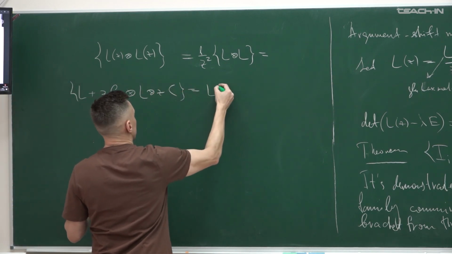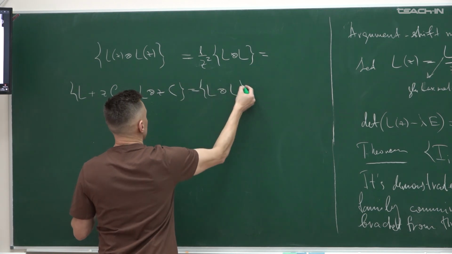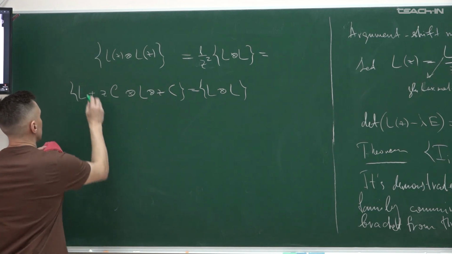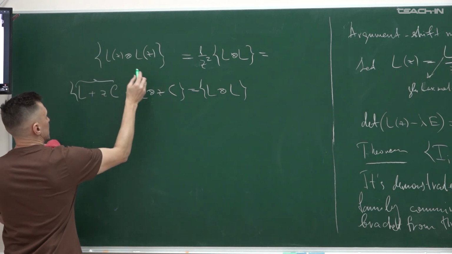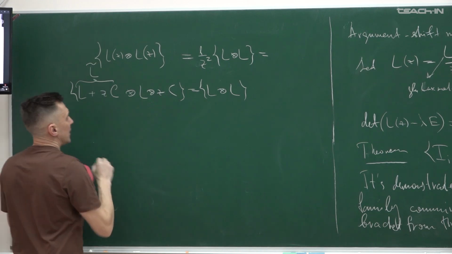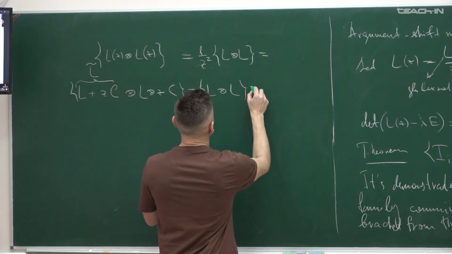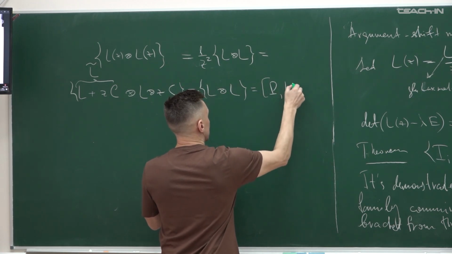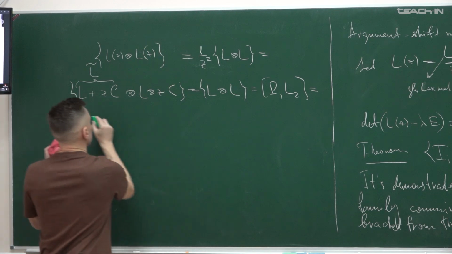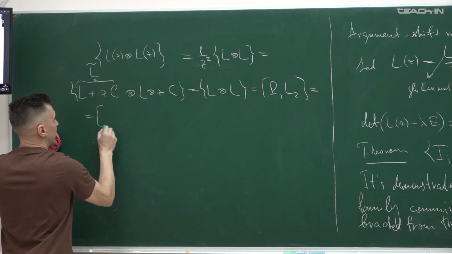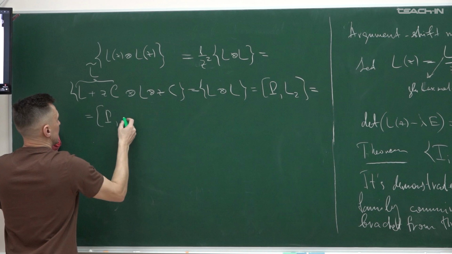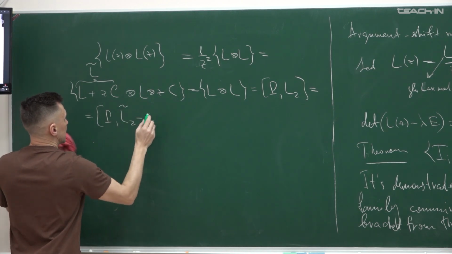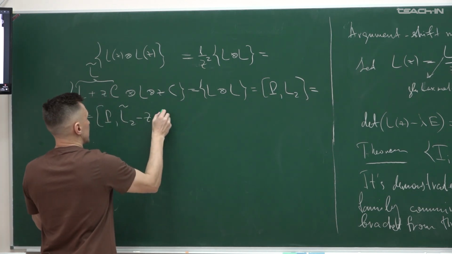This is L by L. I will denote it by L prime, L tilde, and this is P L2, and this is P L2 tilde minus ZC2.